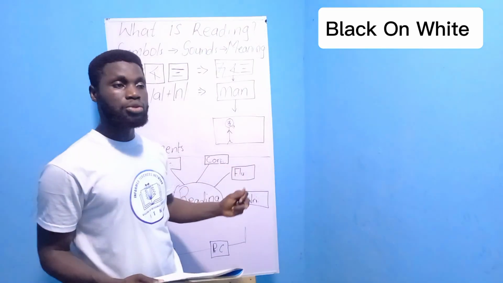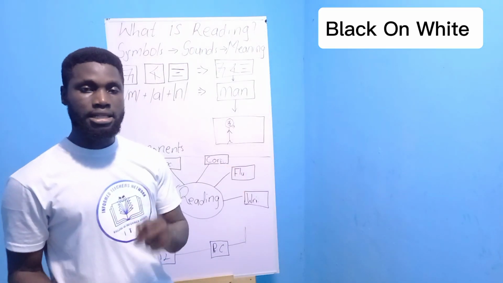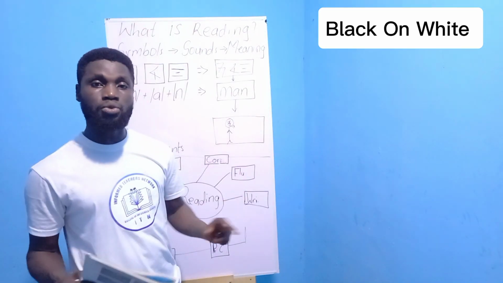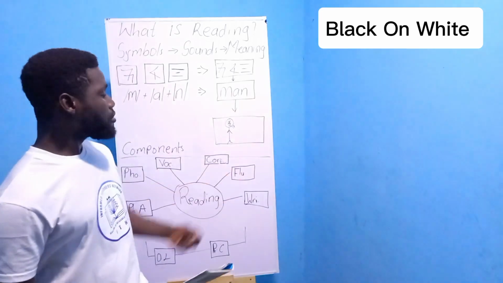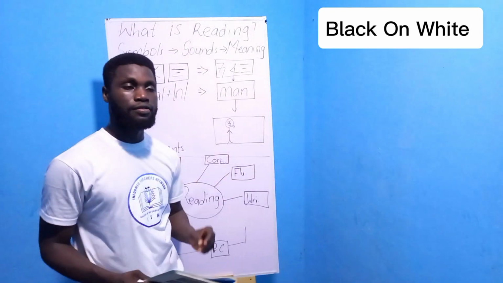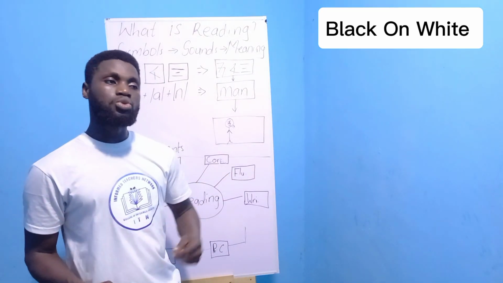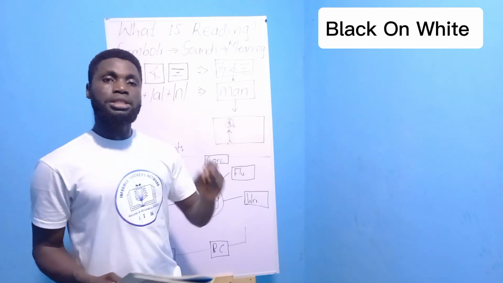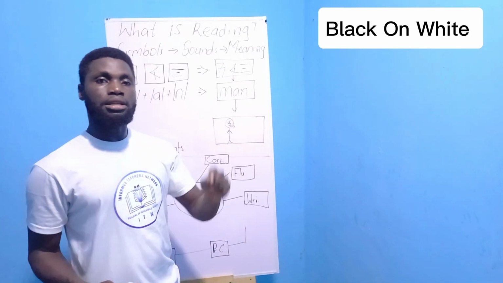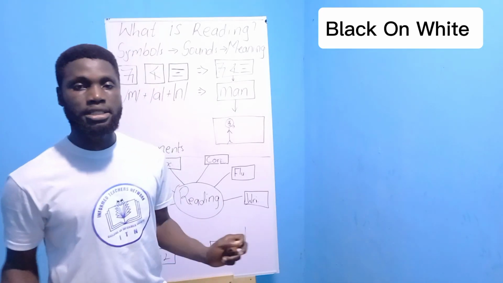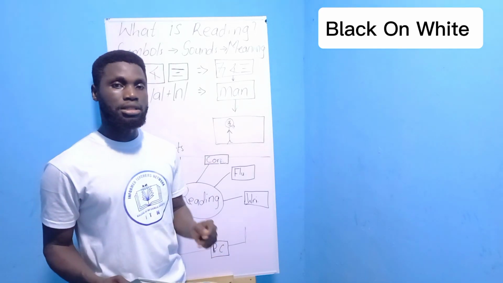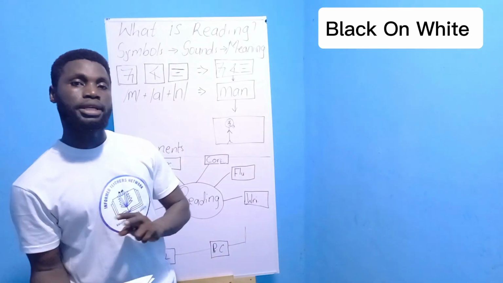It also includes being able to analyze the text read in different ways. Then we come to the next component, that is fluency. That's the ability to read with accuracy, the right speed, and expression. Expression here means intonation and tone.